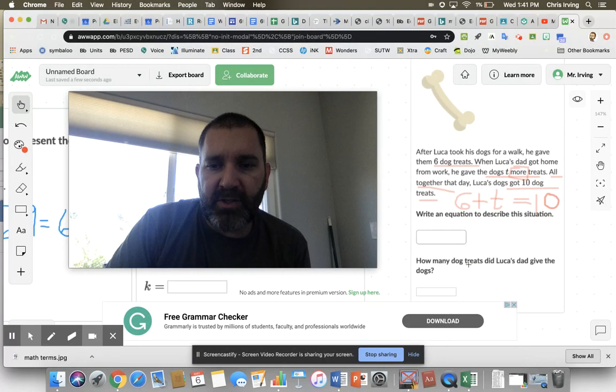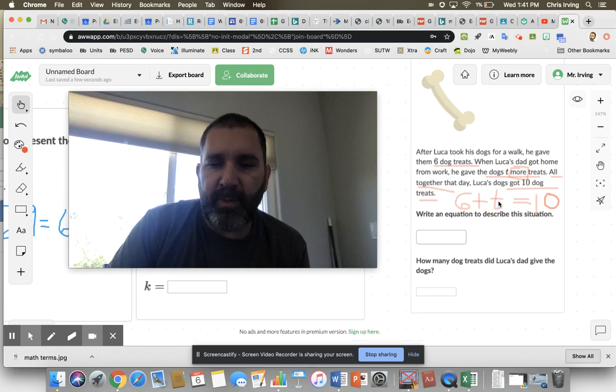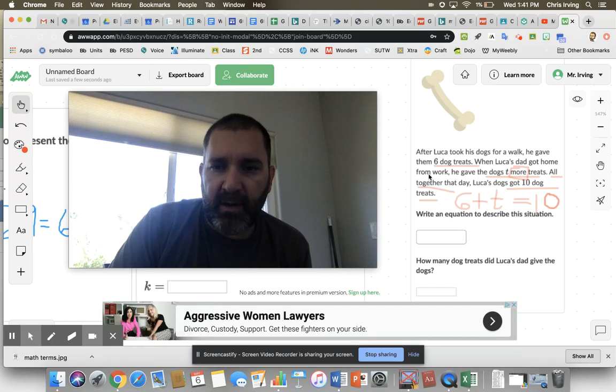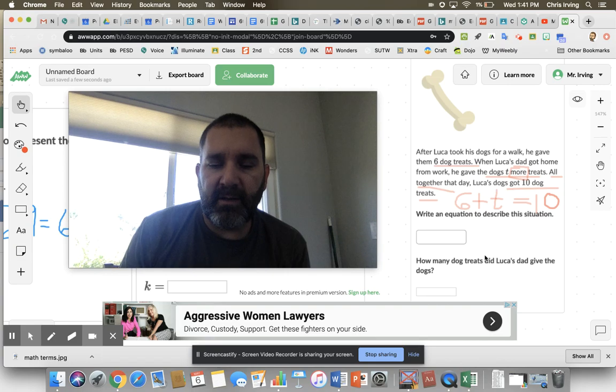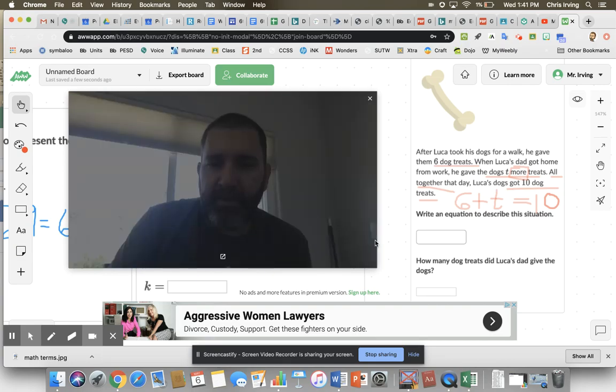How many dog treats did Luca's dad give the dogs? Well, remember, T is the variable that represents that. It says it right here. When his dad got home from work, he gave the dogs T more treats. So we're trying to figure out what T is. So again, isolate the variable.